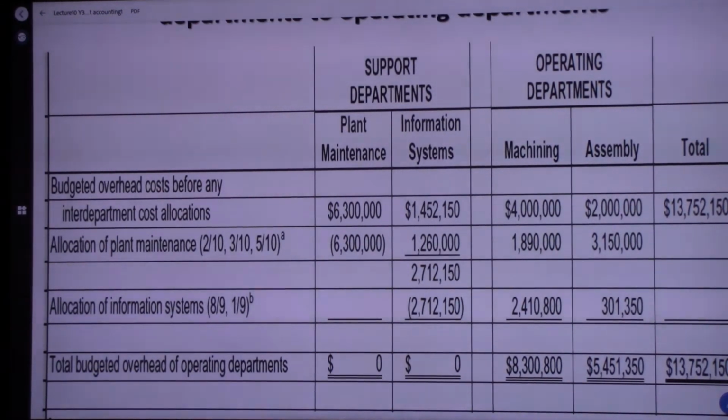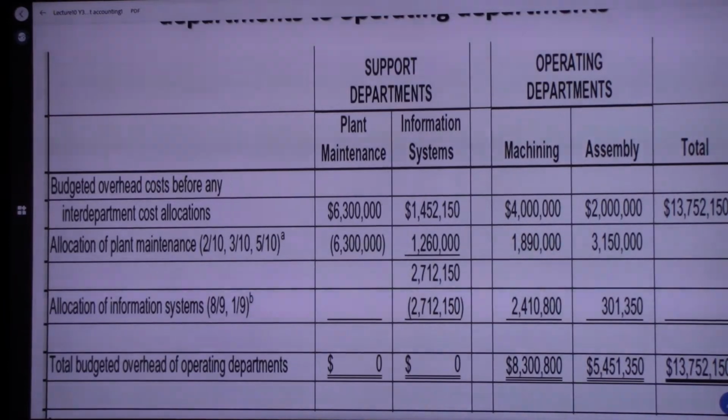When I start to allocate according to the step-down method, I will start with the plant maintenance department. The total cost available for plant maintenance is $6,300,000 US. I'm going to allocate it to the 3 remaining departments: the information system department, which is a supporting department, and the operating departments, machining and assembling.